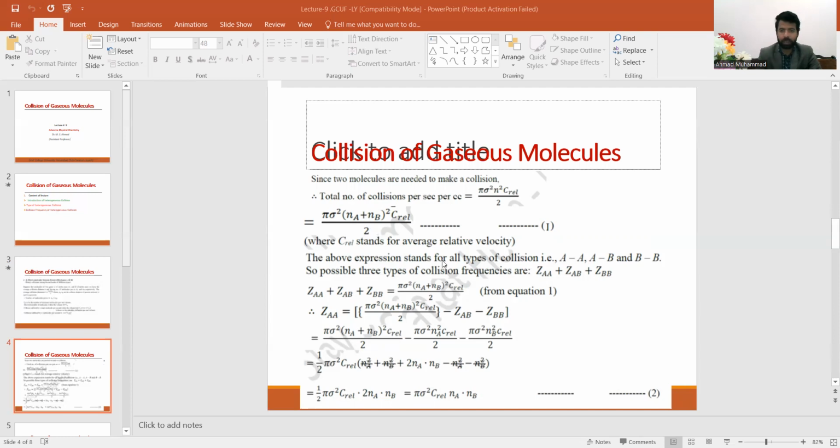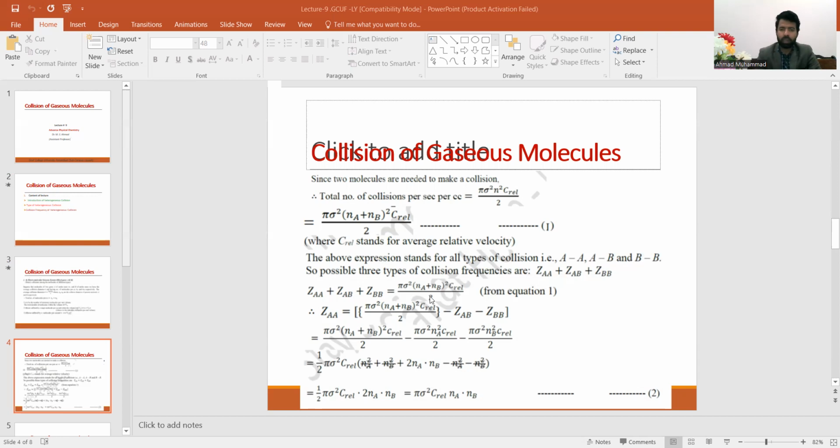So the above expression has three types of collision. They can collide with the same molecule, meaning A collides with A. They can also collide A with B. And it is also possible that the collision is between B and B. So there are three types of collision frequency, which are ZAA plus ZAB plus ZBB.